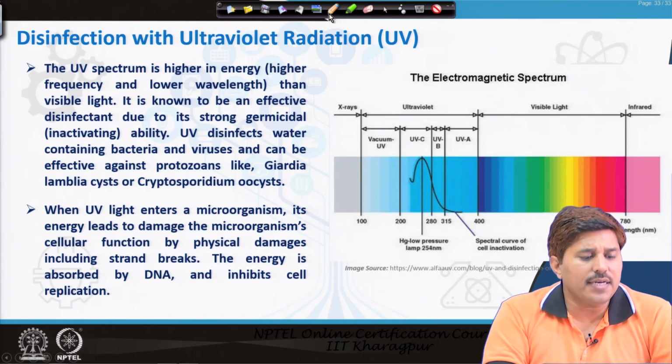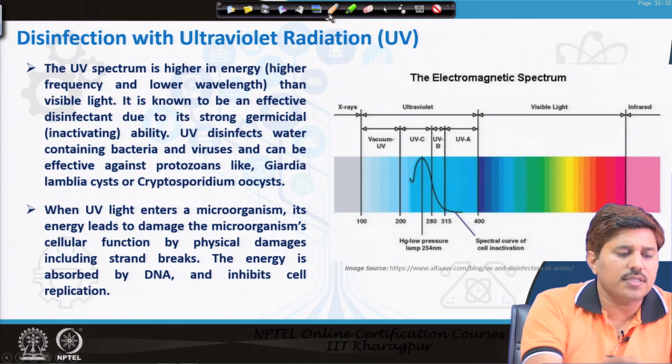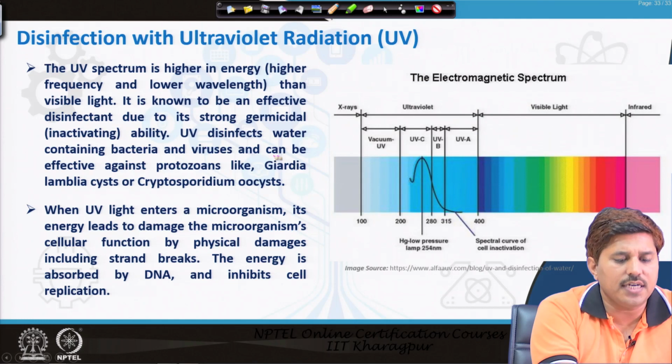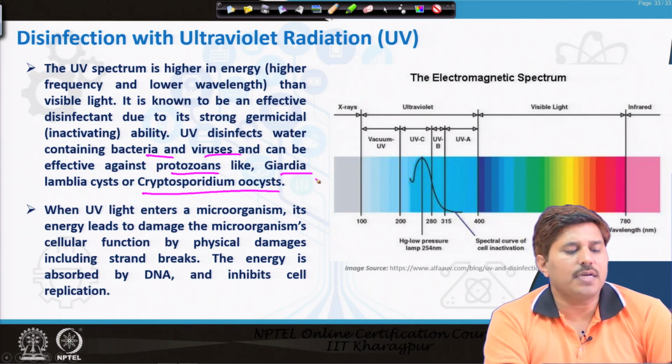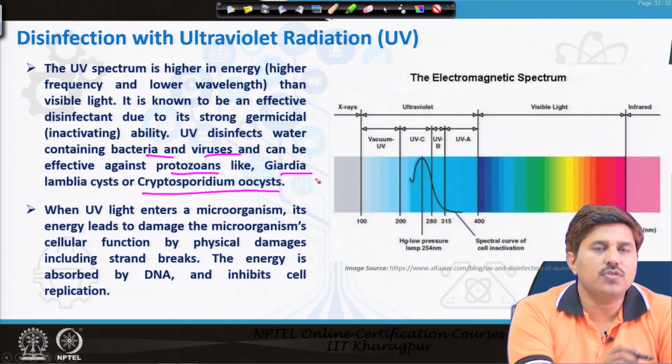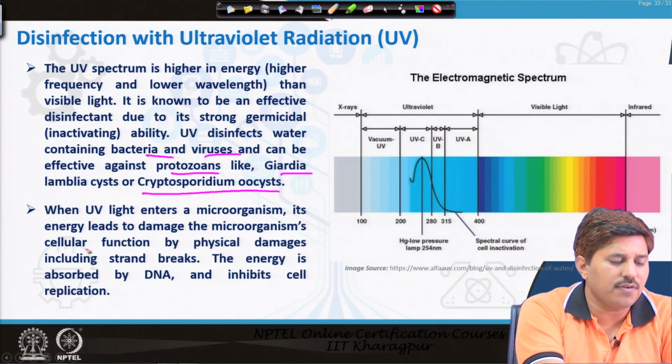Because of its higher energy, UV disinfection of water that contains bacteria and viruses can be very effective. It kills bacteria, it kills viruses, and it is also effective against protozoa like Giardia, Lamblia and Cryptosporidium, etc. When UV light enters a microorganism, its energy leads to damage of the microorganism's cellular function.